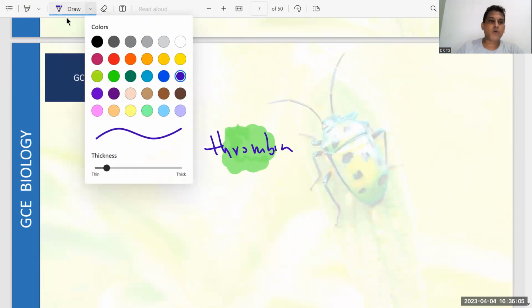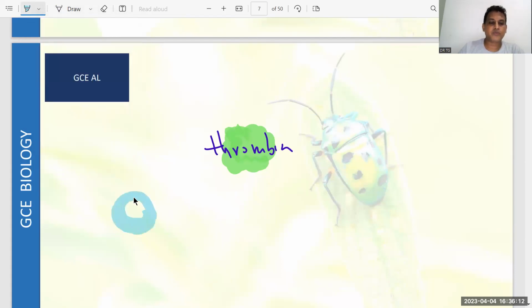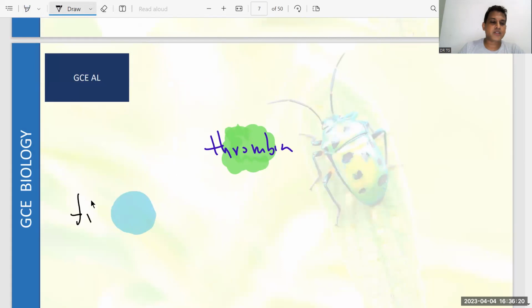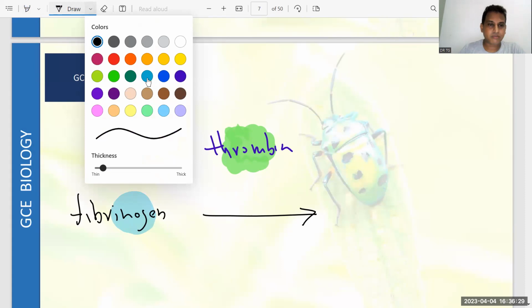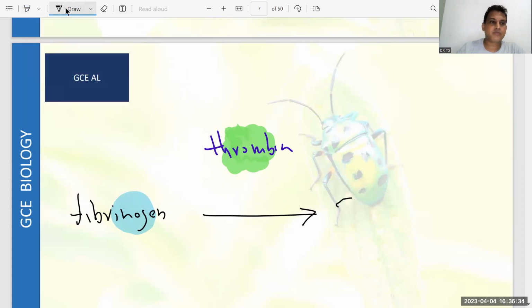Then there is another protein in the blood, again existing in inactive form, and this is called fibrinogen. Now fibrinogen converts into fibrin.